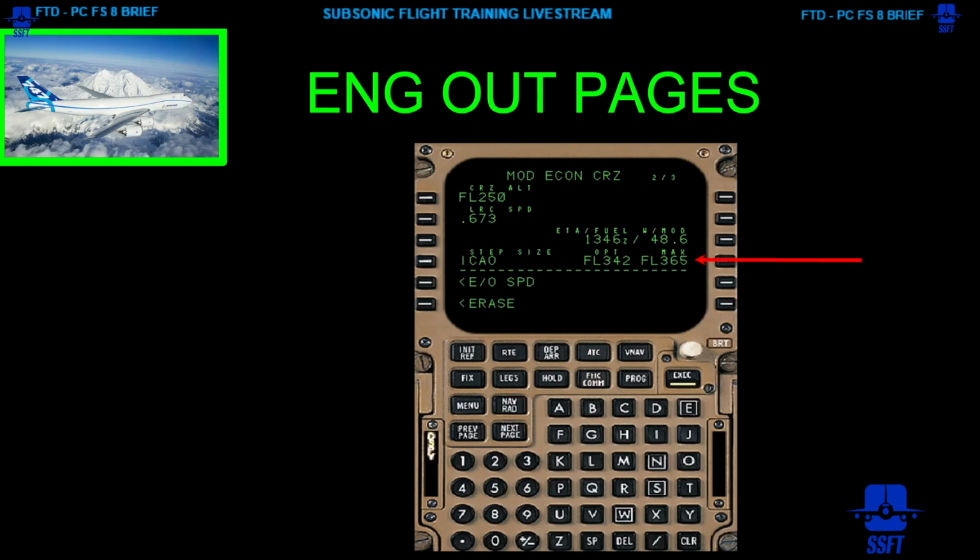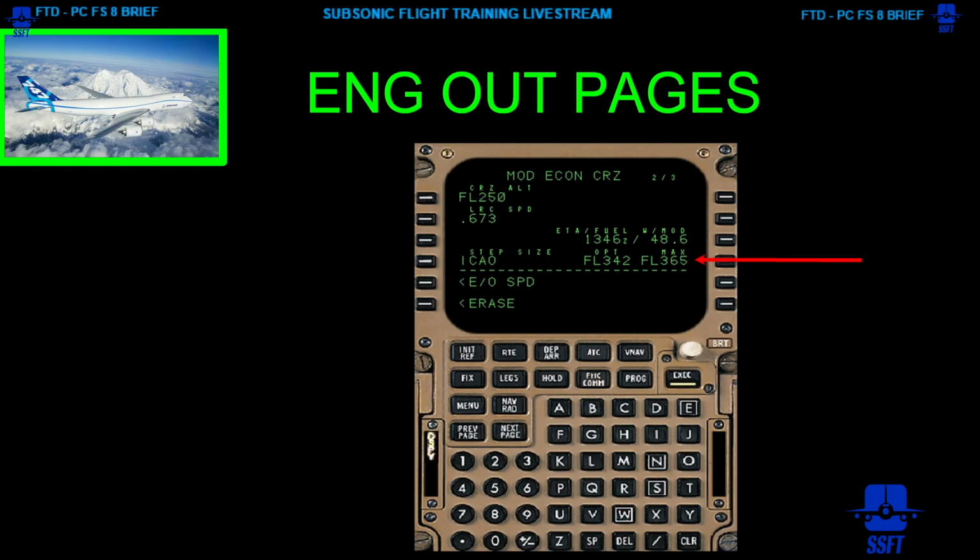And it'll automatically put in that maximum altitude for us in the cruise altitude line at one left. Now, in this case, we're not going to have that situation because we are well below the maximum engine out altitude. So when we execute this, it'll stay at flight level 250. It's not going to change anything because the max is way above us.